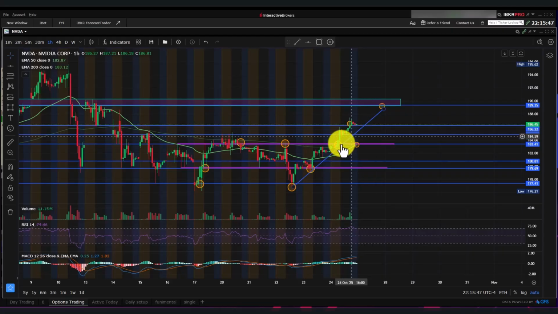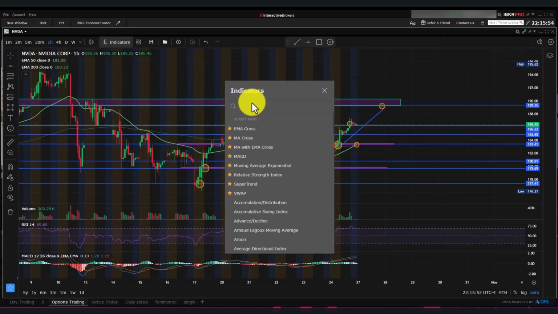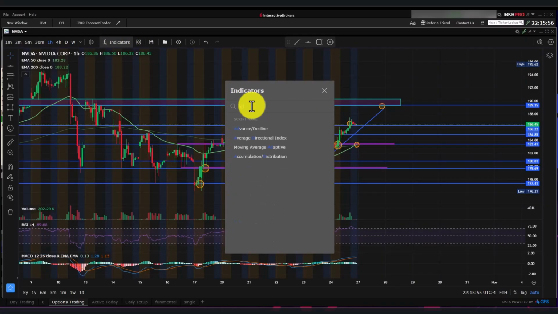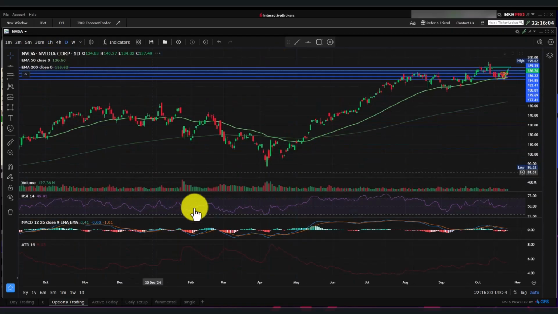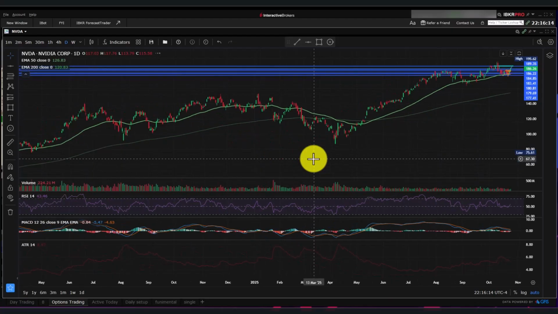Nvidia tends to have an ADR. I think I do have ATR, the average true range of Nvidia for daily. Nvidia tends to move $5.40 per day on average. So let's say $5.